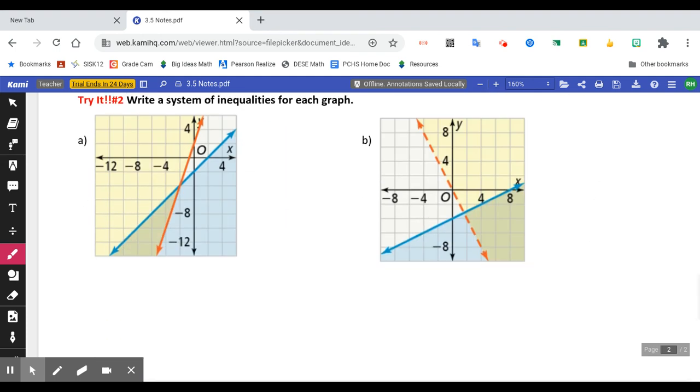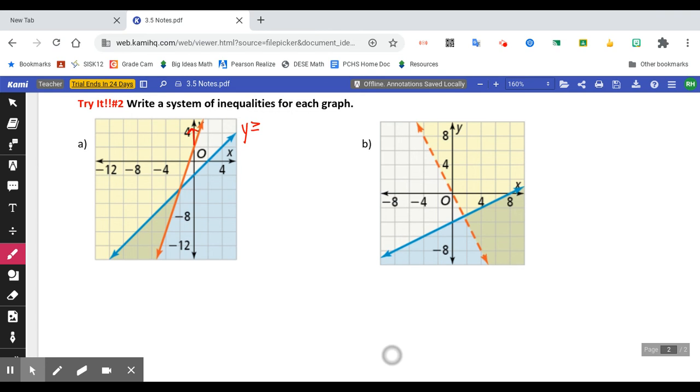Okay, try these two on your own. Again, flip to red. Red is the yellow. It goes up from here, so it's greater than or equal to. It intersects at, let's see, this would be counting by 2, so positive 2. And the slope would go down to here, so 2, 4, 6 over 2, which would be 3.